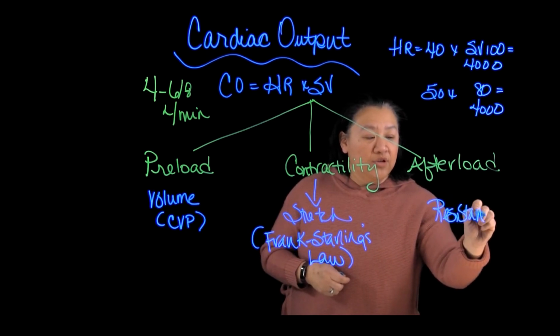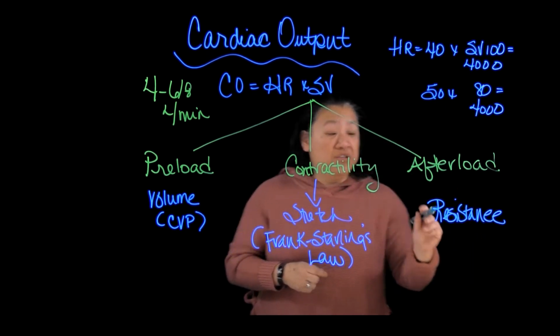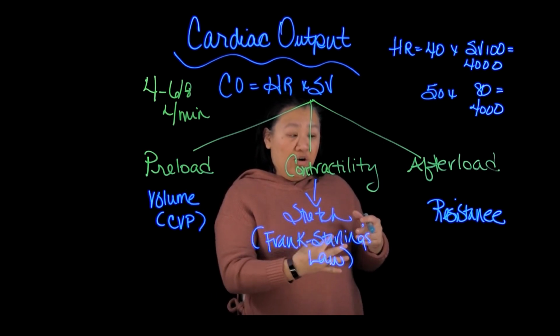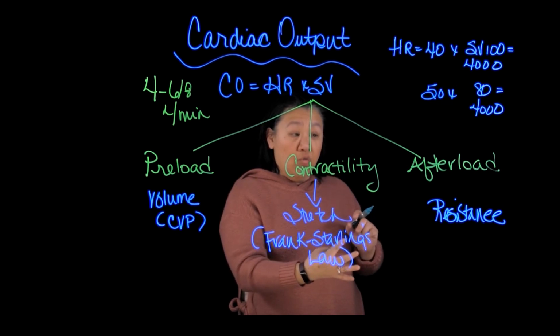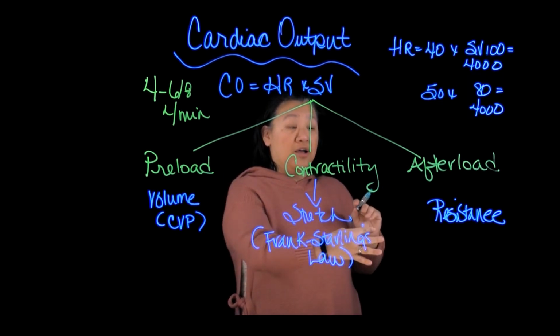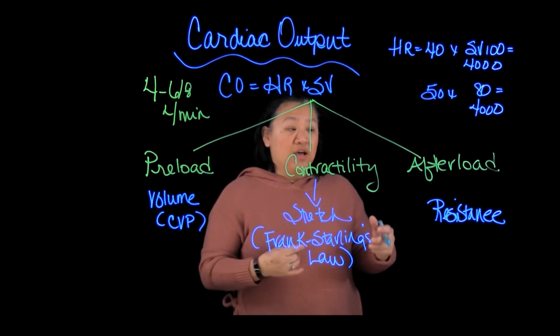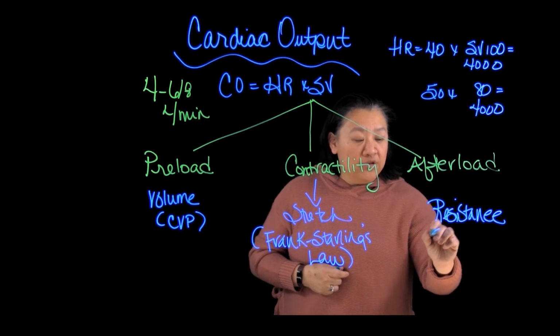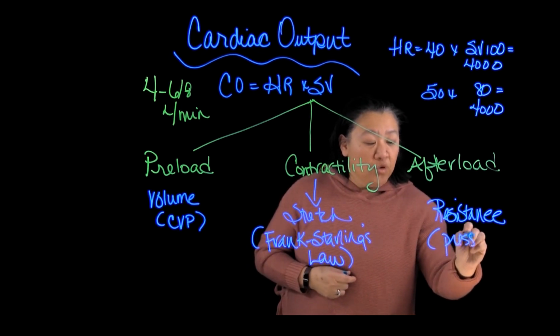Now, afterload is resistance, and two examples will illustrate that. Think hypertension, or anything the heart needs to work harder to overcome in order to eject blood out of the chamber and circulate it to the rest of the body. That's the pressure you're working against.